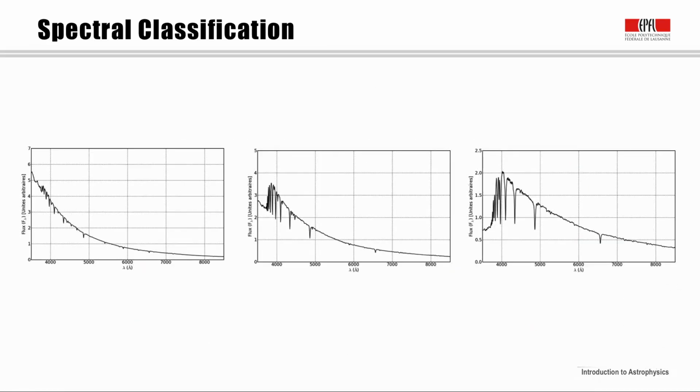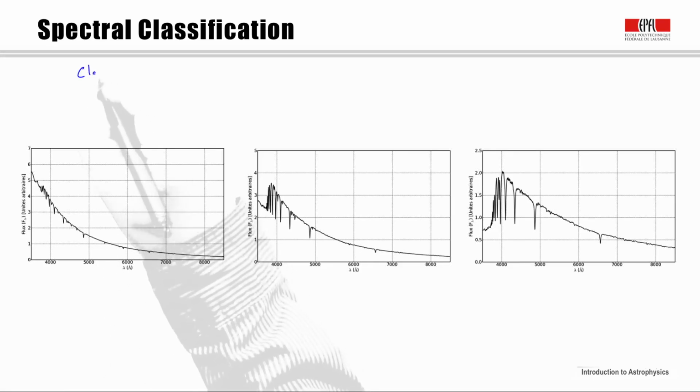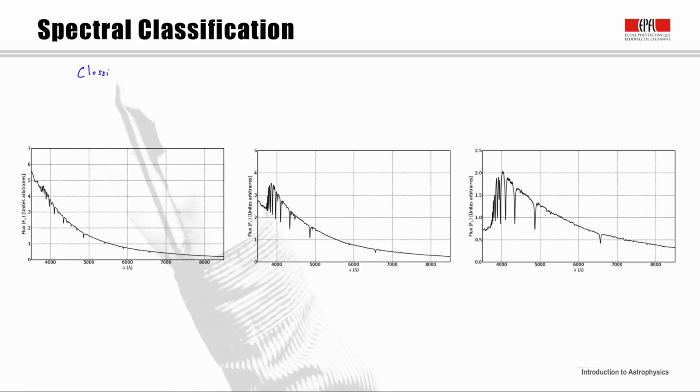The spectral classification is based, as the name suggests, on spectra. There are 7 spectral classes at the basis of the Harvard classification.